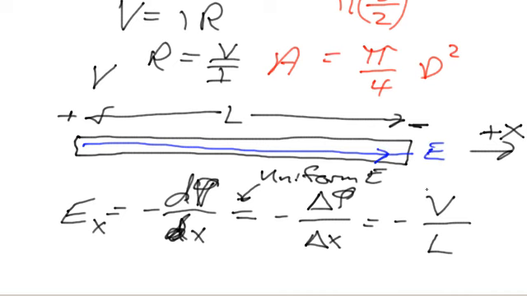and for a given V, for the same V, for instance, for different length wires, there's an L in the denominator of the expression for E, so the bigger L is, the smaller the electric field, and hence the smaller the charge flow rate inside the material.